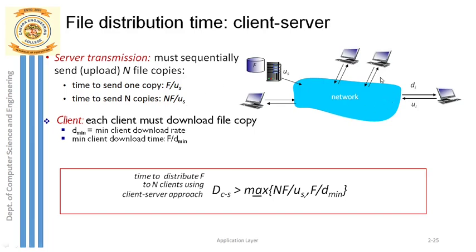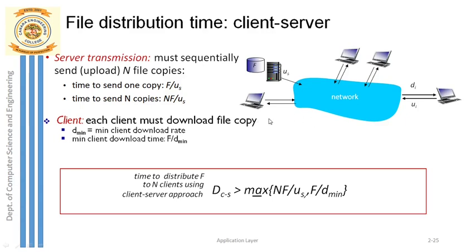If there are 4 clients, that means 4 multiplied by 1 GB divided by 100 MB. So n is the number of clients, 4. So n into f divided by US is the total time taken by the server to copy this one 1 GB file to all the clients. This is the uploading part in client-server.